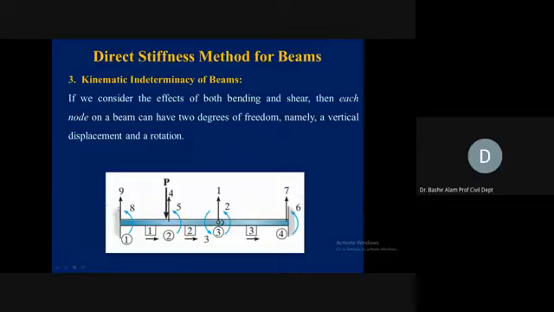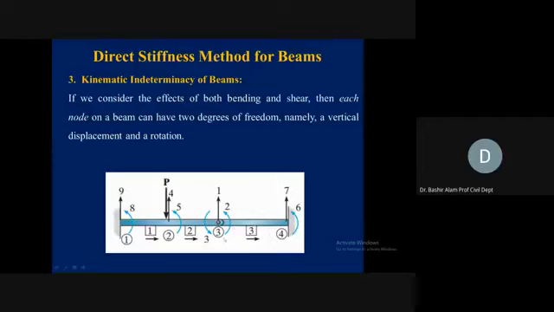Here again you see 1, 2, 3 elements in this structure, which is a beam, and we have four nodes. This is node 1, node 2 under the point load, then at the pin, different members are meeting here, so we can consider this as a node. This is node 3, and the end point where we have a support is node 4.